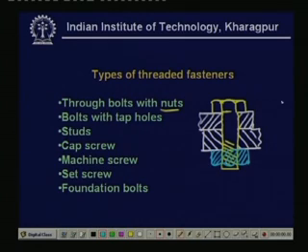Now, this part is known as the bolt. If I draw the cross section of a bolt, then it looks like this. Here this is the head of the bolt, which has different kinds of cross sections. It may be hexagonal, it may be square, and this is the main body of the bolt.